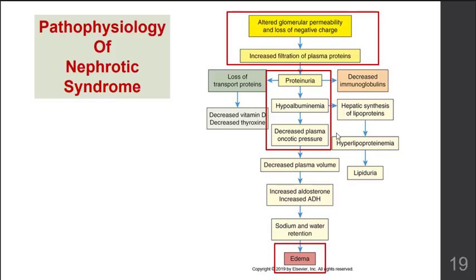Normal plasma oncotic pressure would keep fluid within the vessels, but when it decreases because of lack of albumin, then fluid is more likely to leave the vessels and end up in the tissue, which will also continue to reduce your plasma volume. And this leads to edema. And so these people are going to need proteins given to them in order to help reduce the edema.